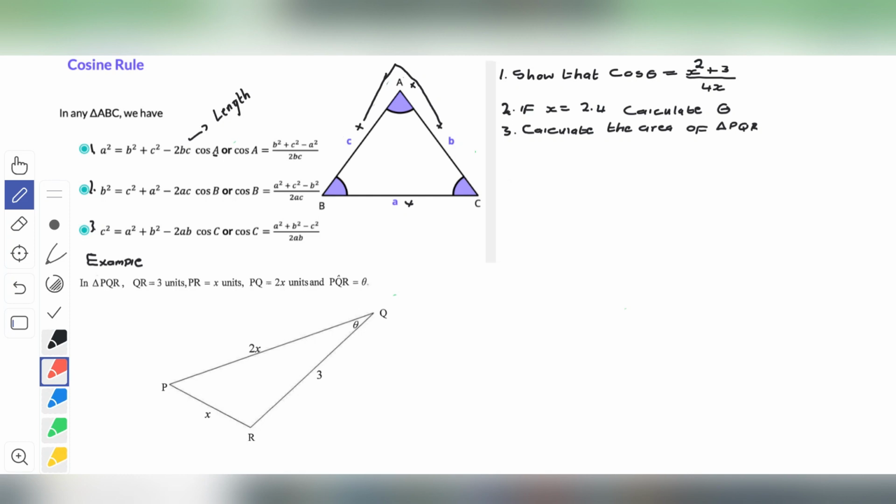So if you can check here, we have an angle which is B. From the outside, the small letter b is represented by the side, the length here, meaning it's opposite to this angle, which is B, right? So how do you use this formula?